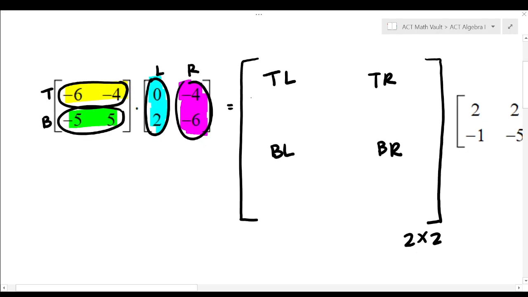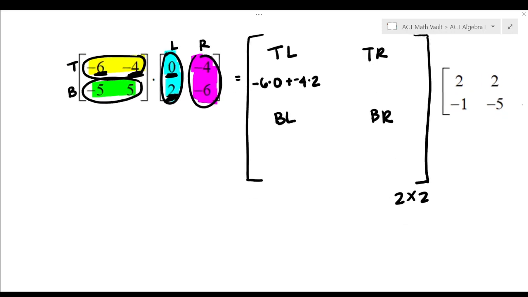So the process goes like this. -6 times 0, because we need the firsts together, and then we need the second numbers together, -4 times 2. Notice you're multiplying them, the first with the first, the second with the second, but then you're adding those two products together.